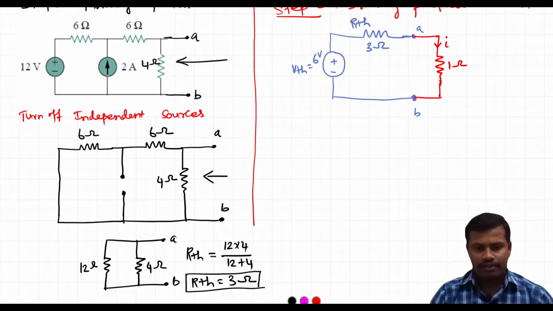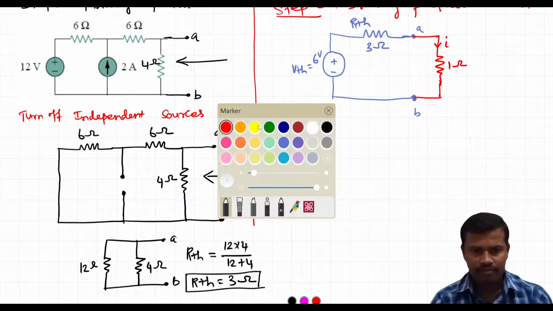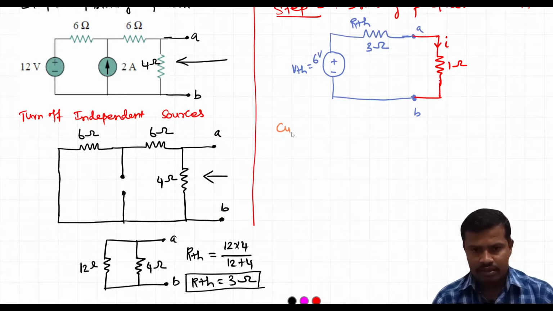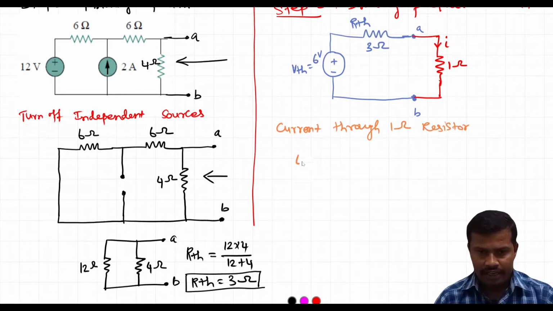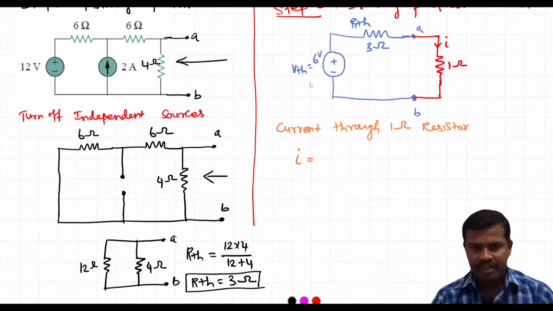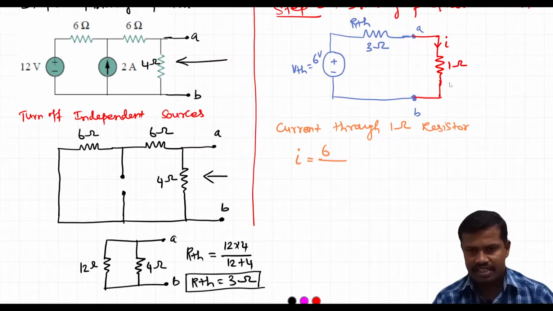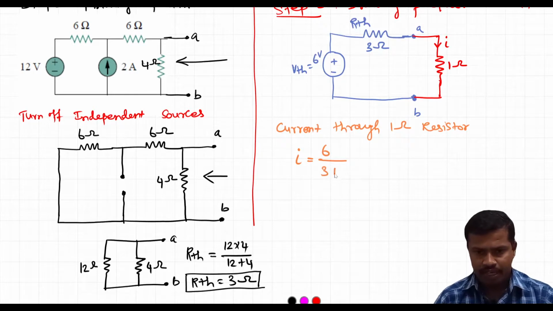To find the current through the 1 ohm resistor, I is equal to the open circuit voltage, that is the Thevenin's voltage 6 volt, divided by the total resistance in this circuit, 3 plus 1.